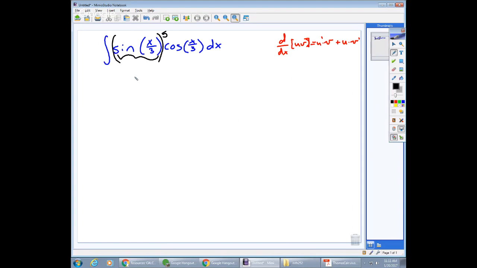Okay. So if I let u equal the sine of x over 3, what will du be equal to? Derivative of sine is cosine.